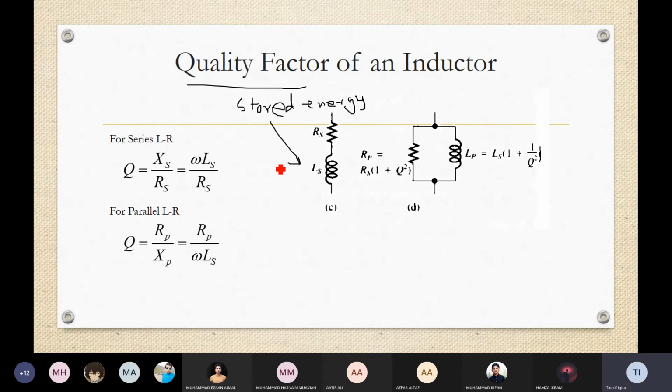And what happens in the quality factor? In case of quality factor, it should be high or small. I think quality factor should be large.